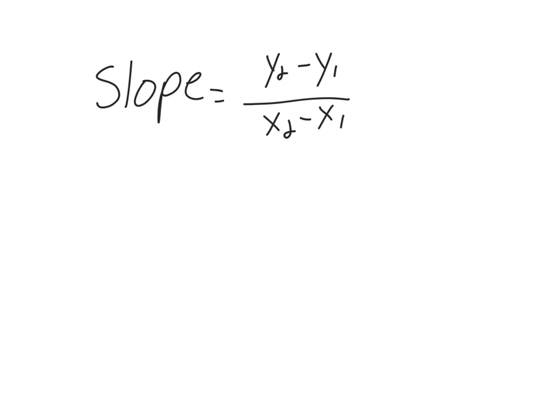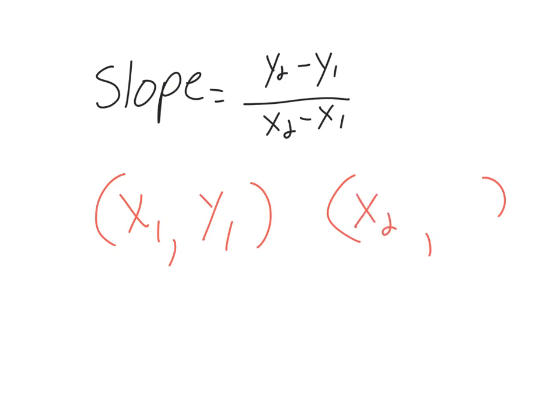So when we get to that formula chart, we have our two coordinates. This first coordinate here is our original x, our x1, then it's our y1. Then our second x is x2, and our second y is y2. So you can see they're figuring out how much it changed from y1 to y2 by doing the subtraction, and how much it changed from x1 to x2 by doing the subtraction.